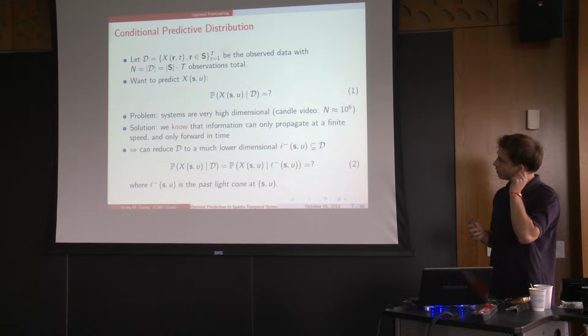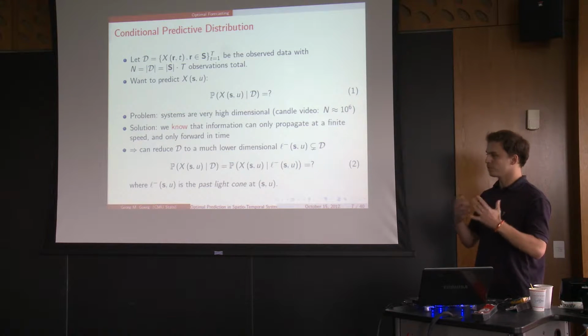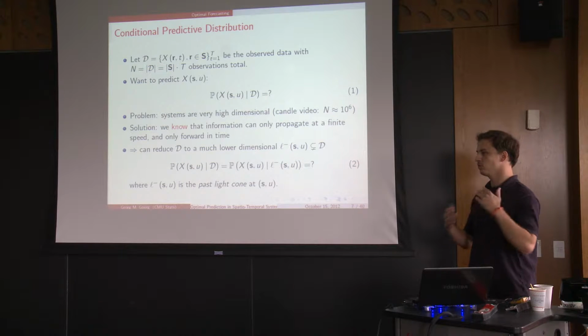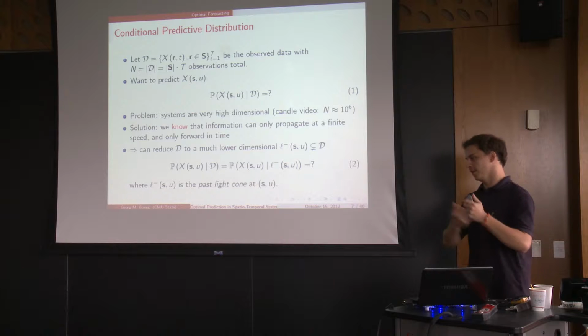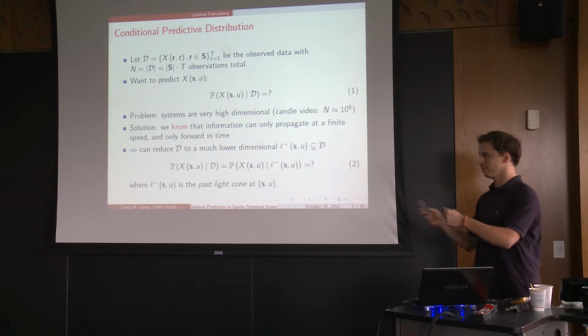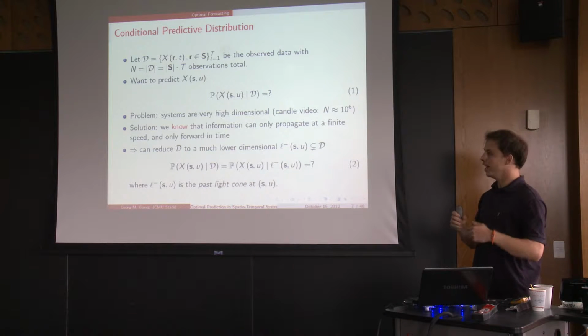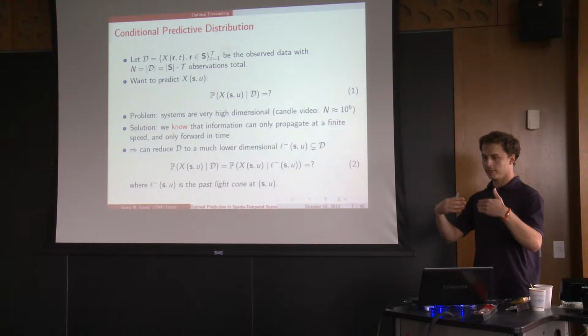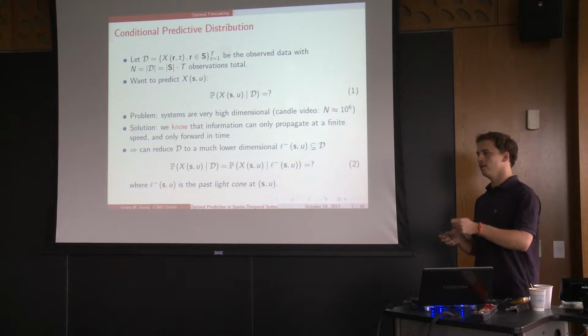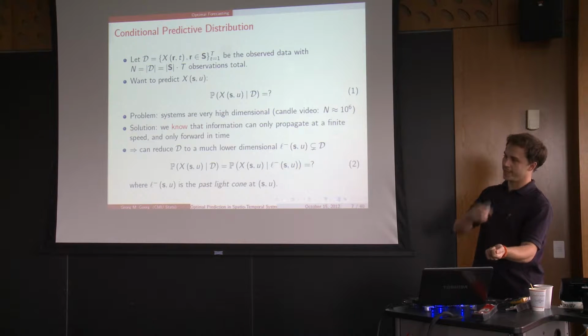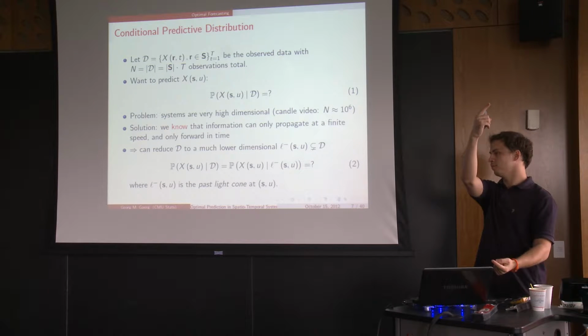And the solution to this is that you know something about spatial temporal dynamics. You know that things can only influence each other in the future, right? So things cannot influence in the past, and they can only influence each other at a finite speed. When you remember the candle video, the smoke in the bottom left cannot influence the system at the top immediately.